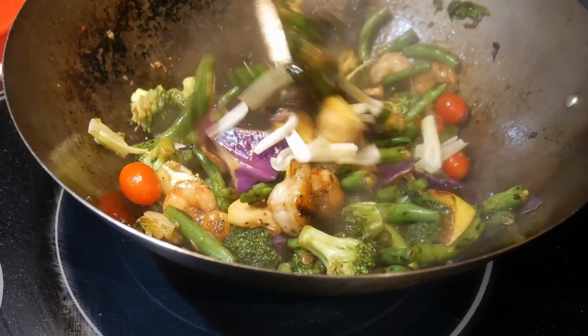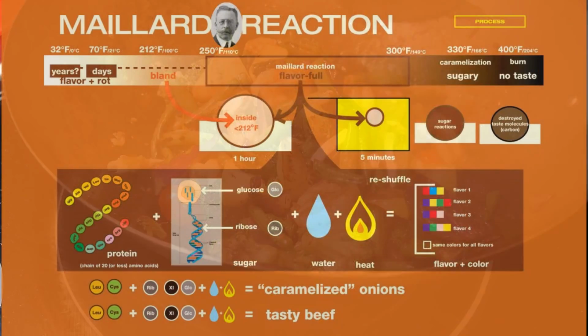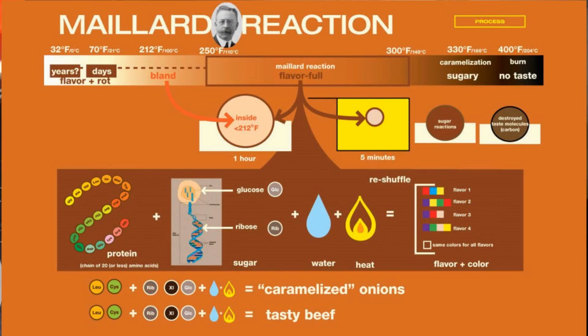This dish is a good demonstration that I take the entire cooking process through all the different stages as listed in this diagram. I start out cooking the food at the Maillard reaction temperatures. That's when I have oil present in the wok. And as I use less oil, or as the oil is removed, the temperature starts to rise.